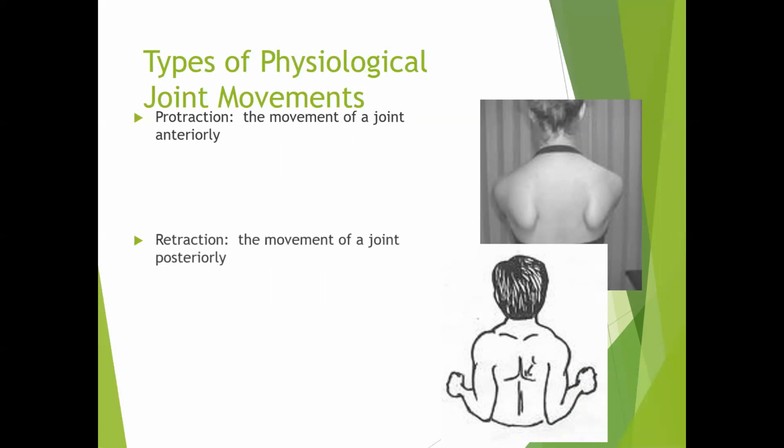All right, so now let's talk about the shoulders. So protraction versus retraction. Protraction, the movement of a joint anteriorly. So think about rolling, like Hunchback of Notre Dame, right? Where they kind of cave in. Protraction, I always think of like you're moving forward, so you're forward thinking, versus retraction, which is where you move the joint posteriorly, excuse me.